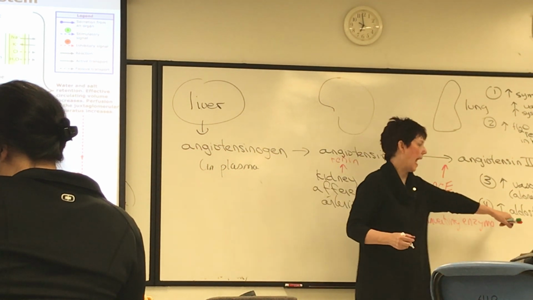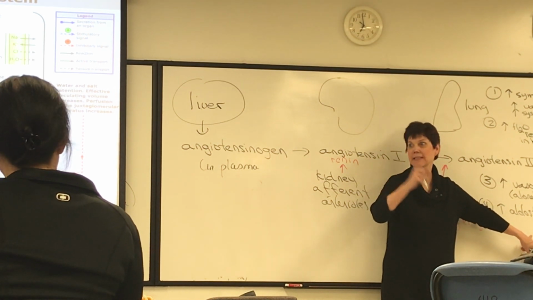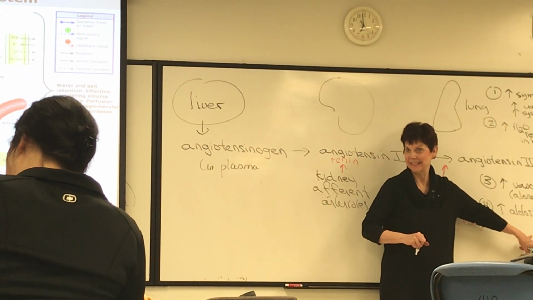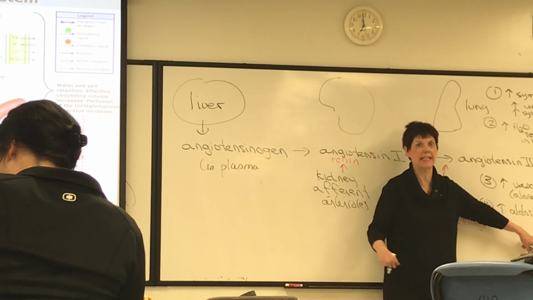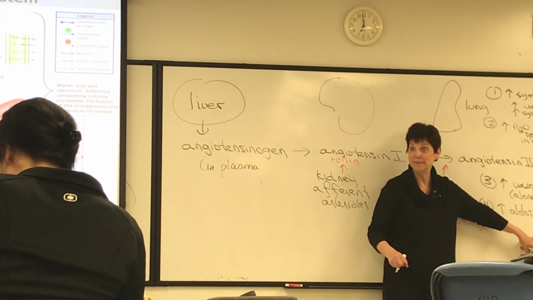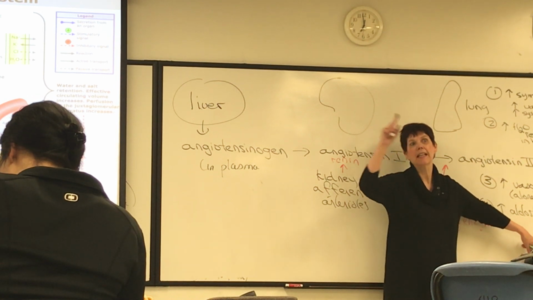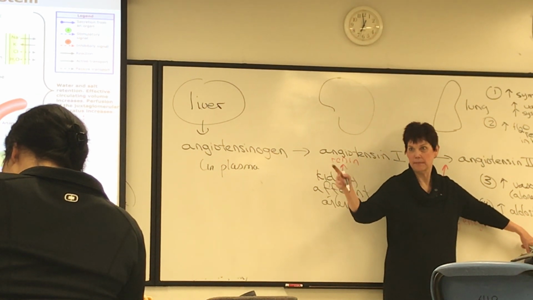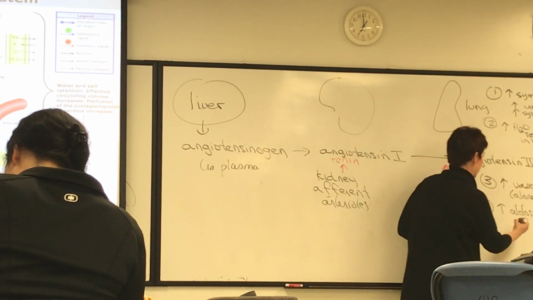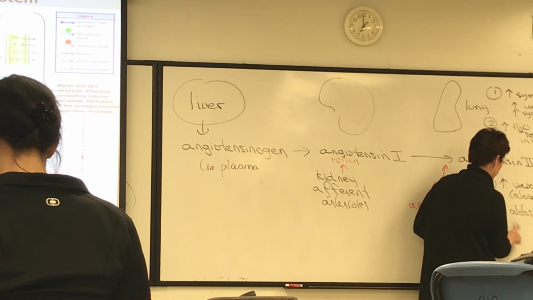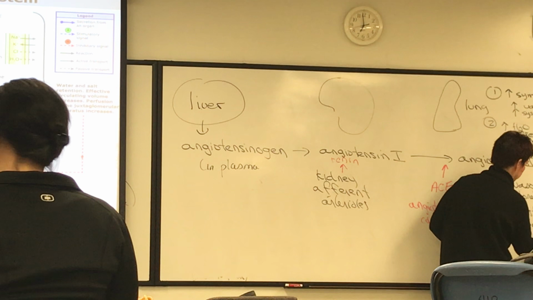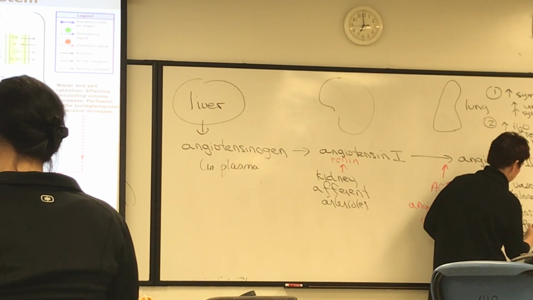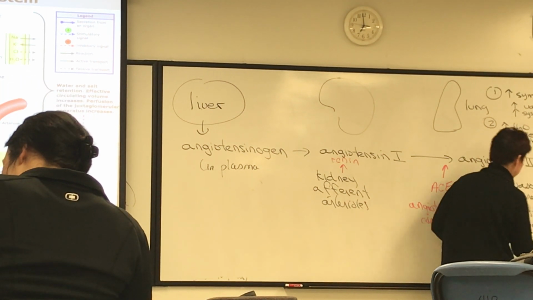So this occurs after the sodium has gone by the macula densa. Because you go, well, if that increases more sodium reabsorption, that would make the macula densa detect low sodium. But this occurs after it goes by the macula densa, all right? So the effect is post, after the macula densa.